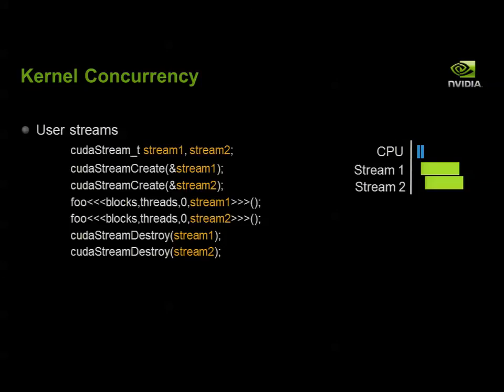So now this is probably one of the biggest pitfalls in using streams: for whatever reason, you forgot to explicitly use a stream in one kernel launch, in some library, some far away, and therefore, yeah, you're serializing, even though you were intending to have concurrent execution of the different parts of your code.